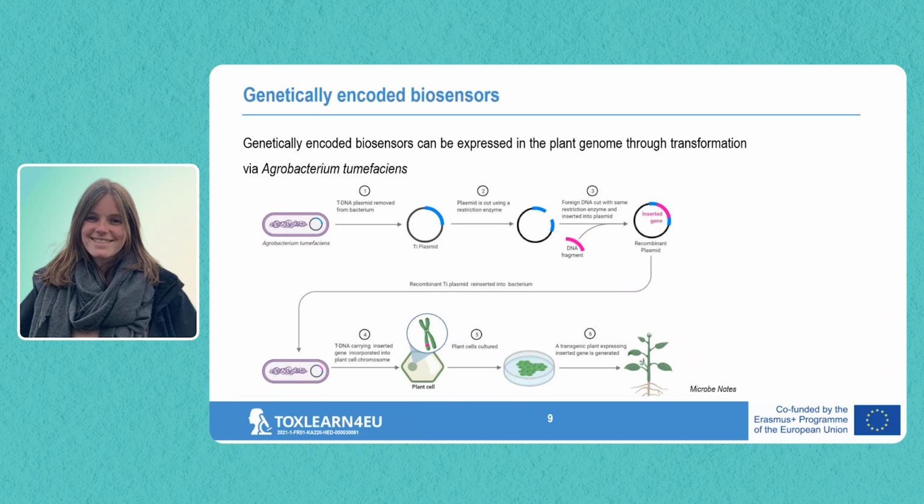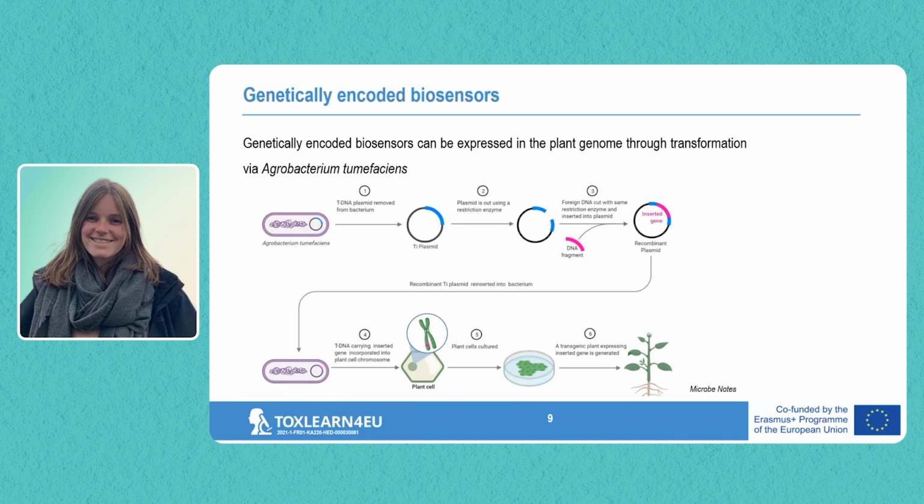So what you do is you take this TI plasmid out of the bacteria. Then you cut the plasmid using a restriction enzyme. And then you can bring in basically any part of DNA that you want. In this case, we will use a part of DNA that encodes the sensor that we want to use. And this is the purple part that you can see over here.